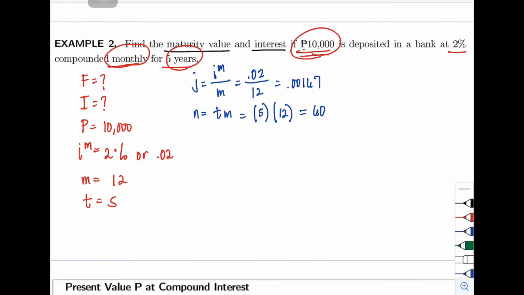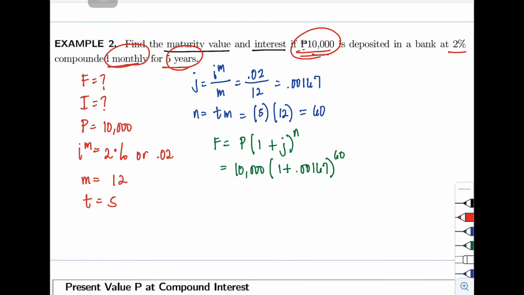So, solve na natin si maturity value, which is equals to P times 1 plus J raised to N. Where P is equals to 10,000 times the quantity of 1 plus J. So, ang J natin is 0.00167 raised to N, which is 60.